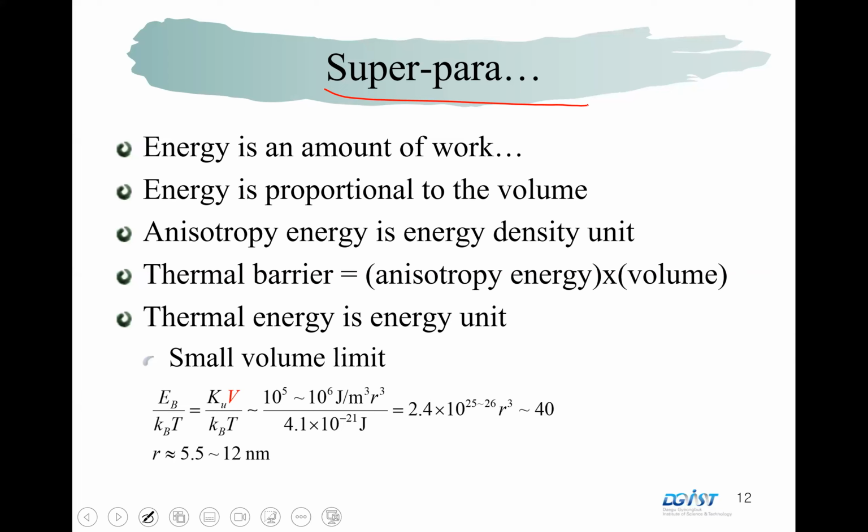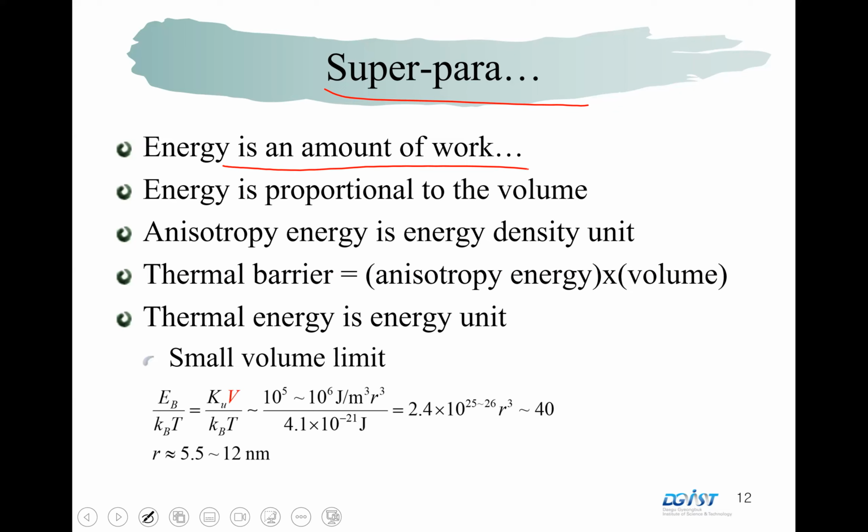let's consider again. Energy is the amount of the work. So please don't confuse energy per volume and the energy. The correct term for energy per volume is energy density, but sometimes people use just the terminology of energy, though it's a totally different physical quantity. It's like the mass and the density.